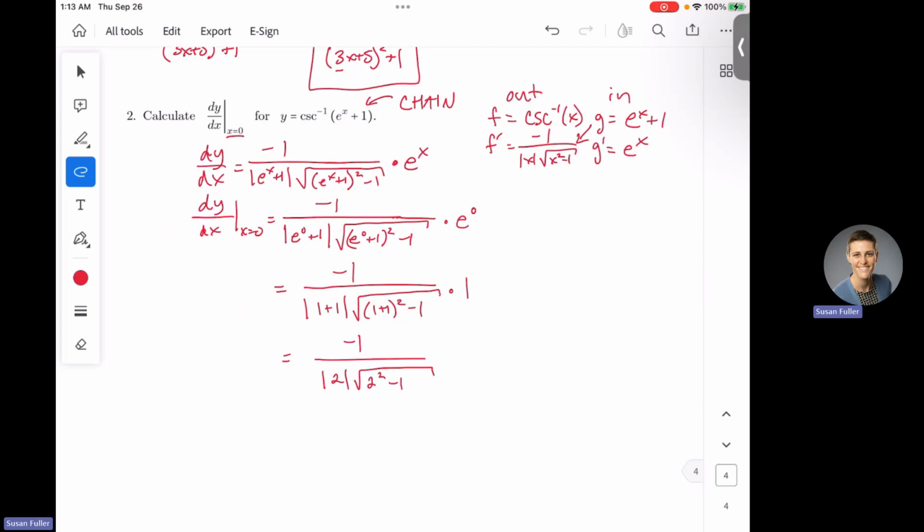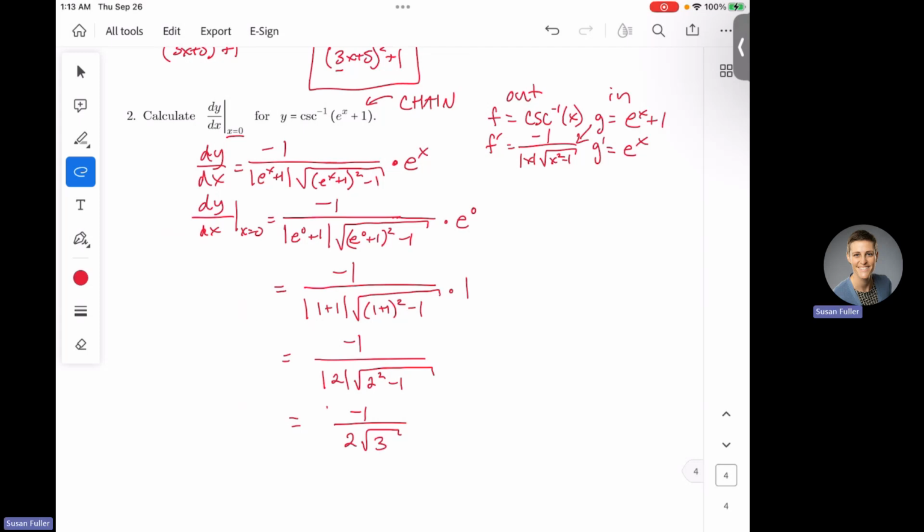And again, times 1, that's not going to do anything. So I'm just going to ignore that one times 1 on the back. And so I'm going to have -1 over the absolute value of 2 is just 2 times the square root of 4 minus 1 is 3.